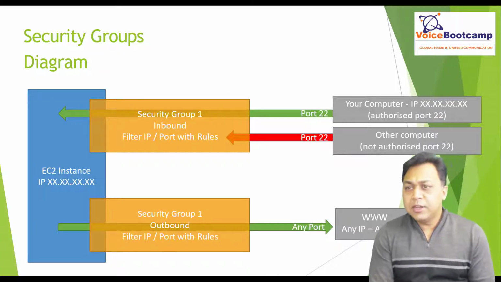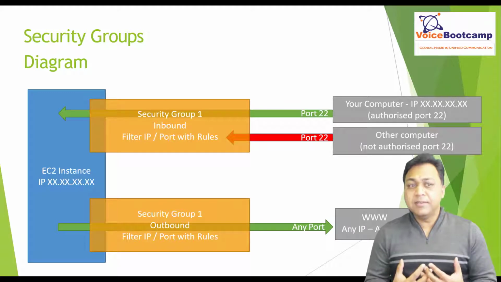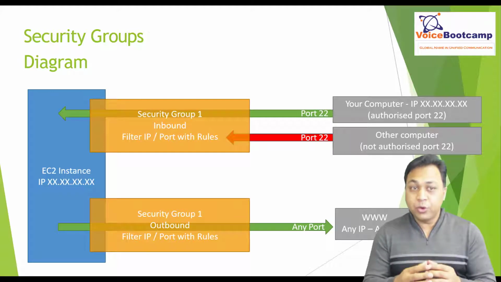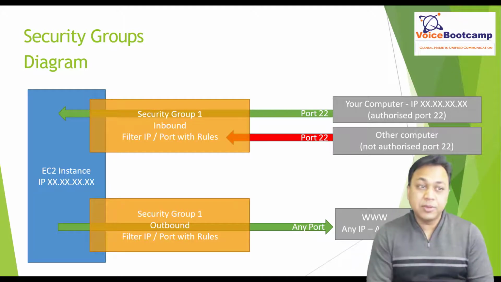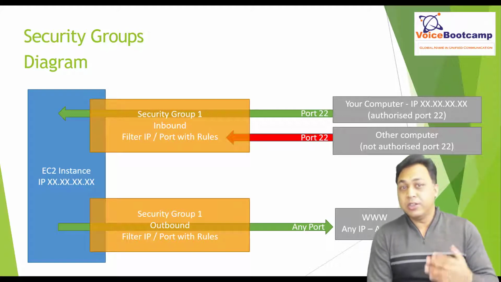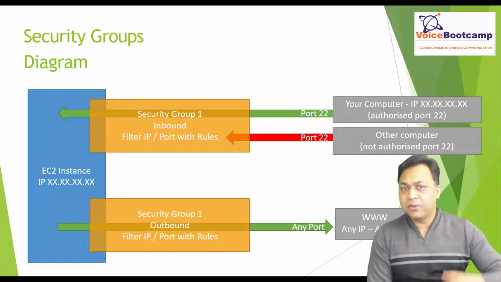So you can assign a port. For example, let's say you can say port 22 will be open or allowed only if the traffic is coming from, let's say, your administrator's home PC or laptop or from the office network.